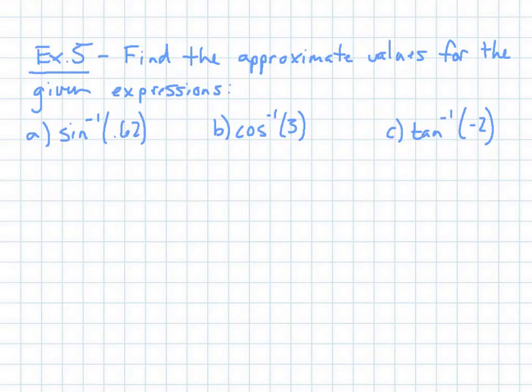If you press second to plug those in, you get the sine inverse on your calculator, and then you type in the number you want. So inverse sine of 0.62 would be 38.31, which we'd say 38.32 there.